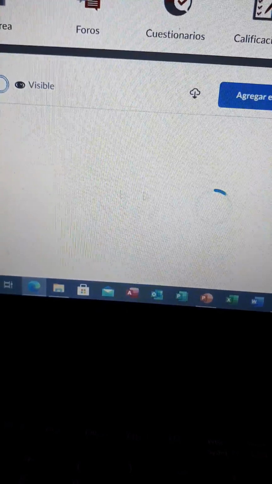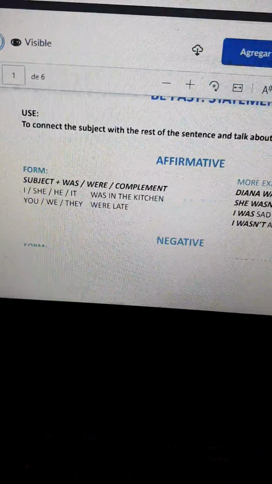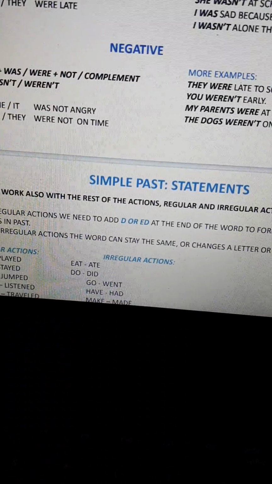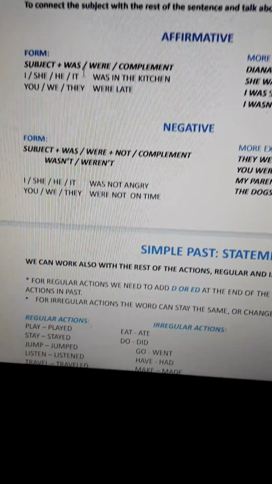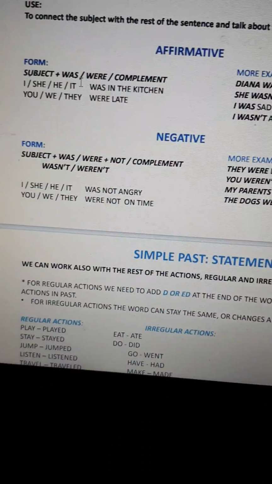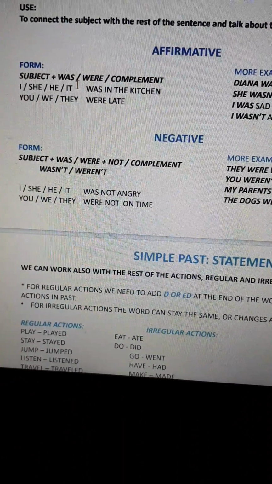So we were saying how to work with the simple past of the actions, okay? And now, to make a statement in affirmative, as you know, we need a pronoun, name, or subject.